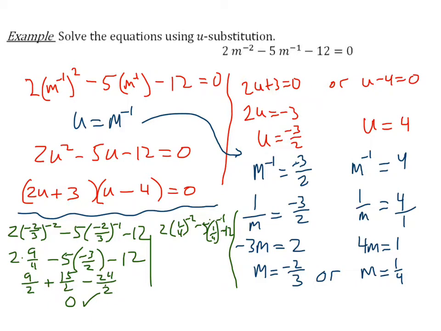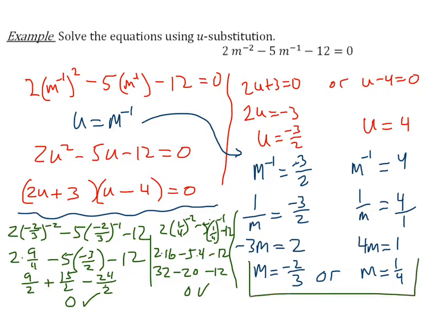So we have a flip and square. This is going to be 2 times 16. The negative 1 is going to flip this. So this is minus 5 times 4 and minus 12. So this comes out to be 32 minus 20 minus 12, which is 0. It checks out. So we have two answers. There they are. They both work.